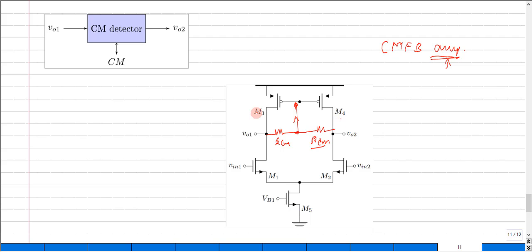So basically the M3 and M4 transistors act as a kind of amplifier circuit with respect to the common mode component, and the same M3 and M4 act as a kind of load with respect to the differential mode component, right?